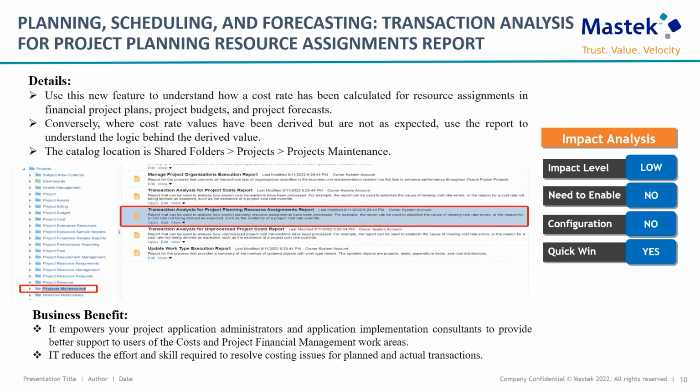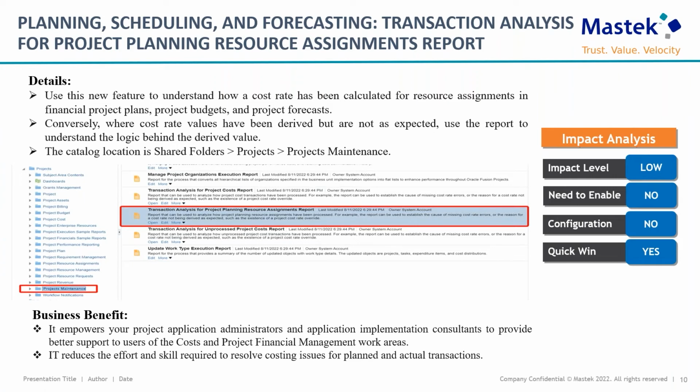Business always asked which rate was used for a resource while budgeting and forecasting. Is it the normal rate or override rates? It is a difficult and time consuming process to find, and for that we have to open multiple setups and multiple windows to verify and answer that.